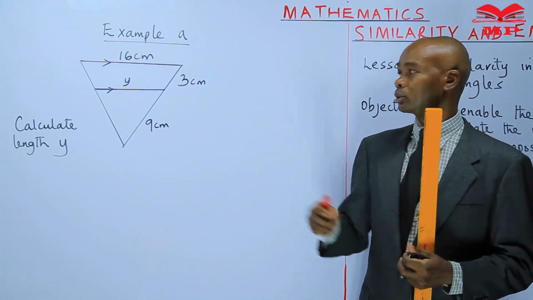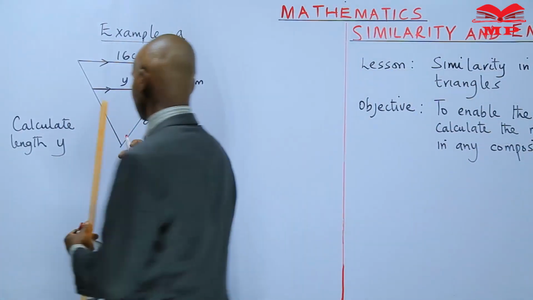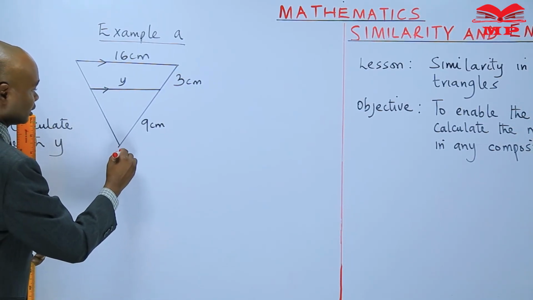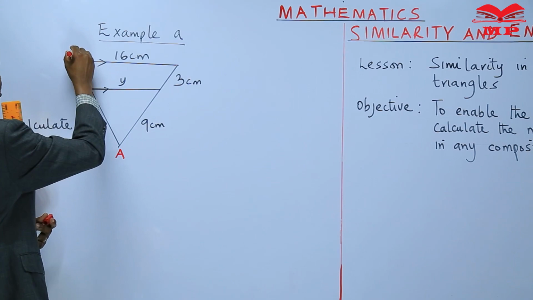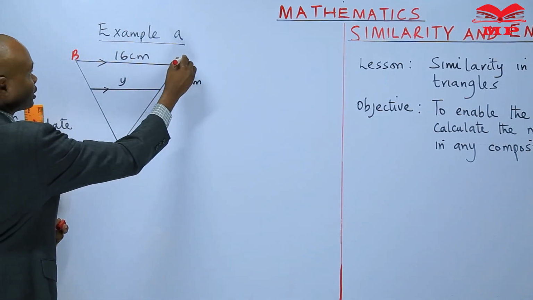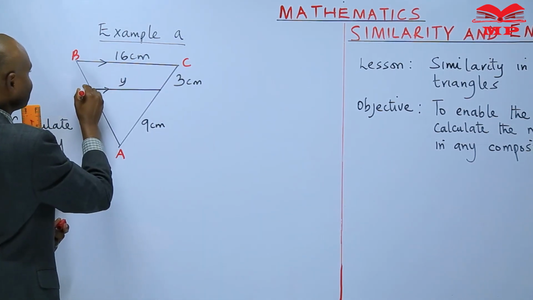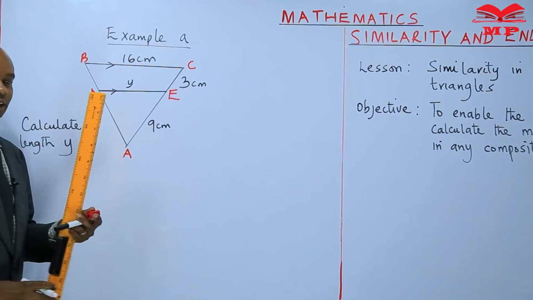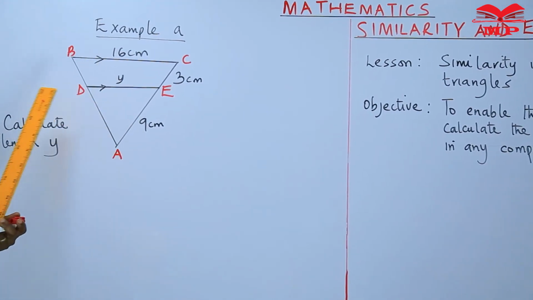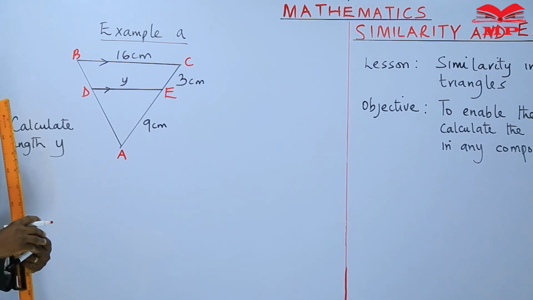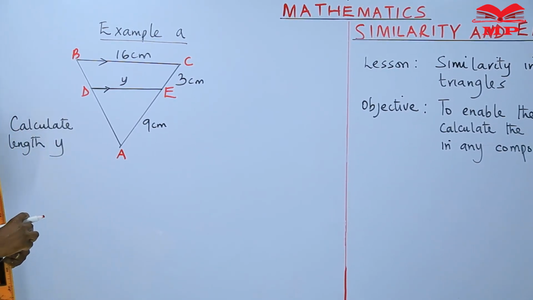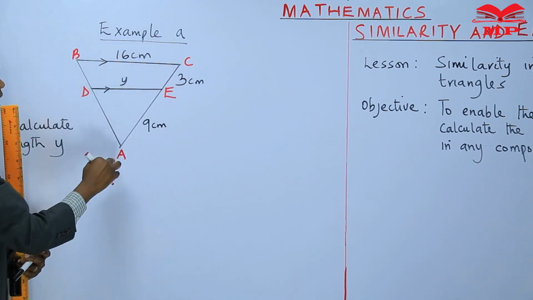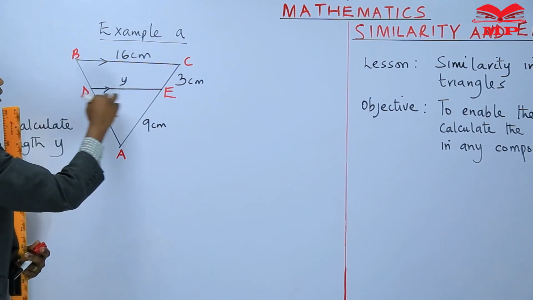To explain that, I can give it vertices: A, B, C, D, E. Those are the vertices I've given it. So we realize I can get two triangles in the name of A, B, C, and A, D, E.